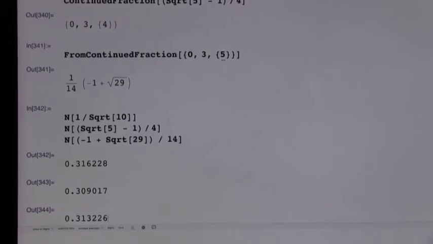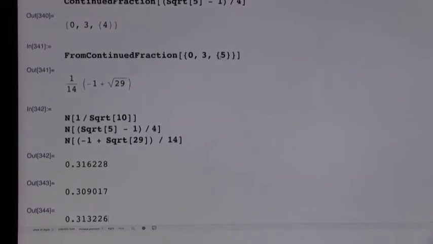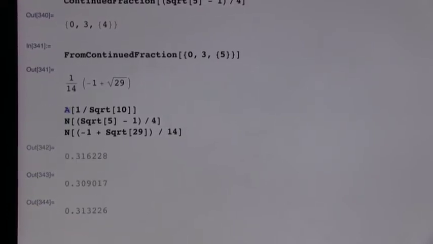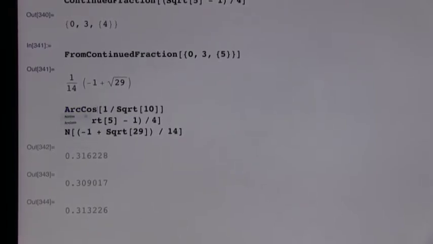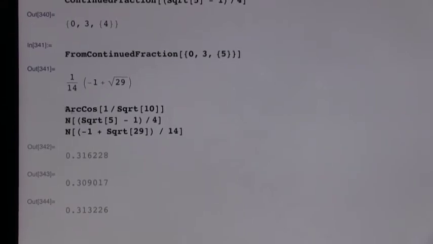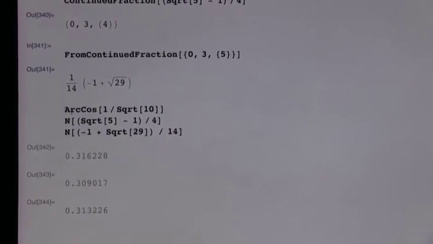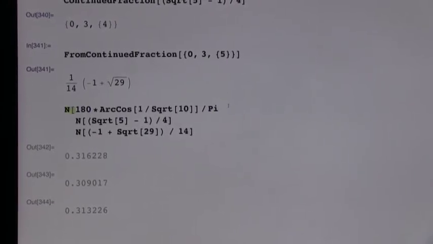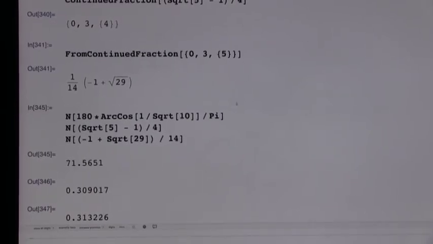And then instead of the number, I can do the arc cosine. It's going to tell me in radians, so I'll do 180 times this divided by pi, and I'll make that a number. Hopefully the first number is close to 72. So 71.56.